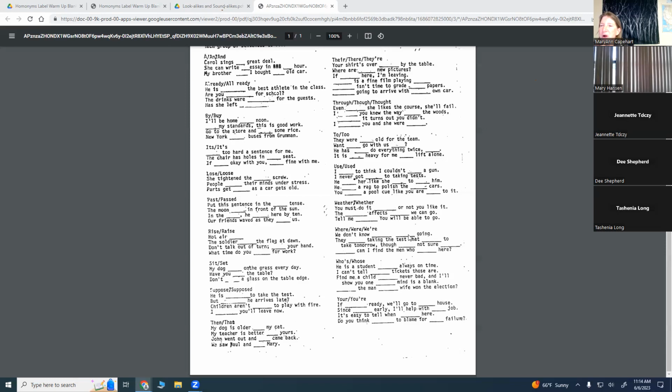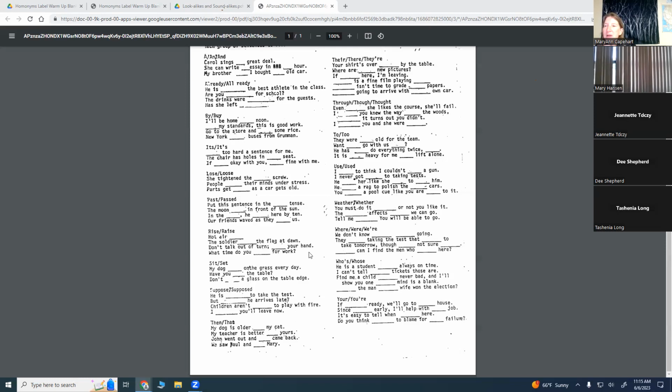I thought you and she were through. Not threw, that's to throw something. Through. Good. Not to confuse things, to, too, and two. We had this in our homonyms warm up. They were too old for the team. Too, going with us, too.